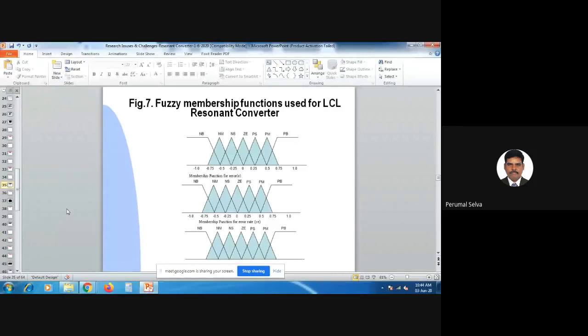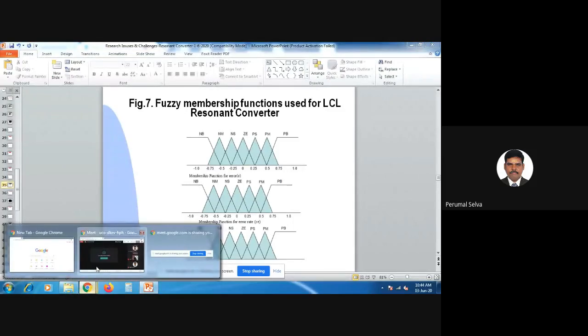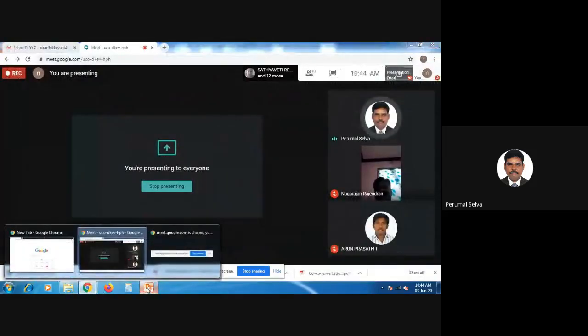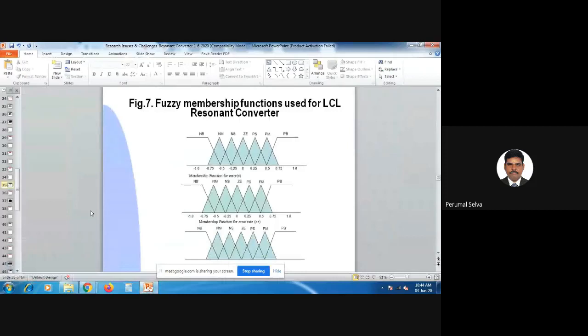The fuzzy memberships NB, negative big, NM, negative medium, NS, negative small, 0, PS, positive small, PM, positive medium, and PB, positive big, are defined as shown. Next slide, sir.